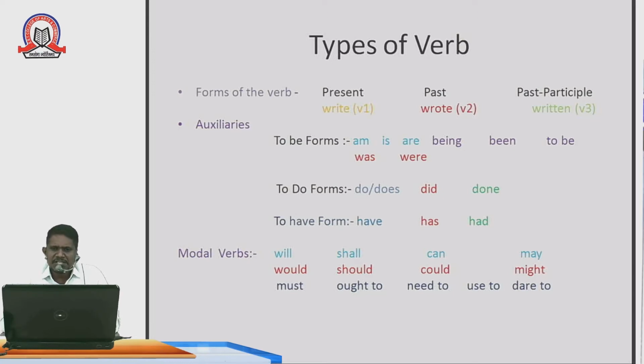Now the question is asked: being, been and to be, where do we have to use them? Being we can use in the present continuous tense, and in the past active and passive voice. And been, B-double-E-N, we can use in the present perfect tense and also in active and passive voice. So to be is a common word, we can use it anywhere.